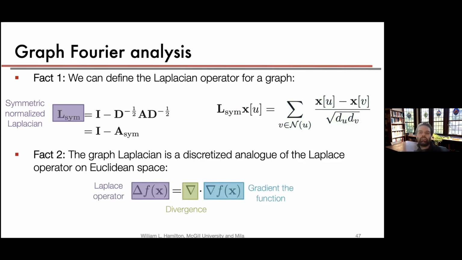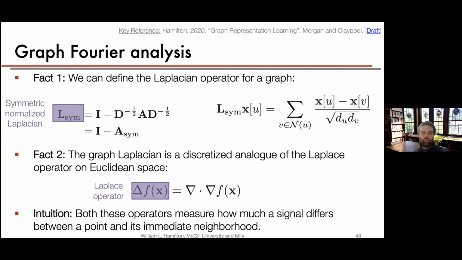In fact, the graph Laplacian is really a discretized analog of what's called the Laplace operator on Euclidean space, or actually the Laplace-Beltrami operator if we're looking at general manifolds. The Laplace operator measures the divergence of the gradient of a function. I think the intuition is the best thing to think about here: the graph Laplacian measures the difference between some signal at a node and its local neighborhood, all of its neighbors.